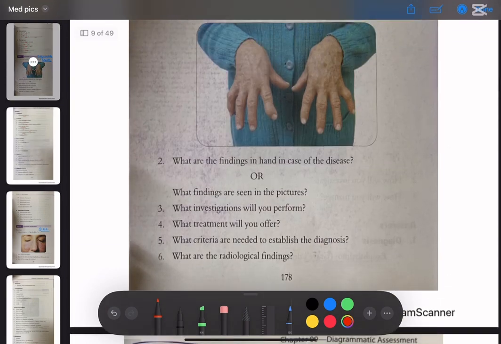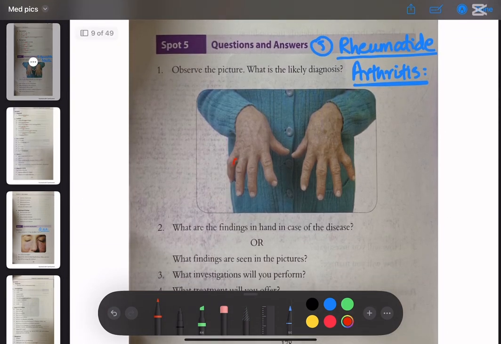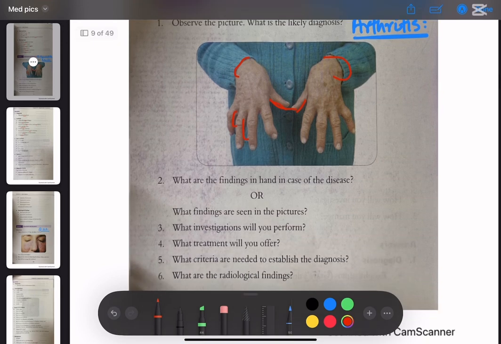These are the ulnar deviation of the fingers. This is the Z sign of the thumb. Here is the swelling of the wrist and the metacarpophalangeal joints, MCPs.